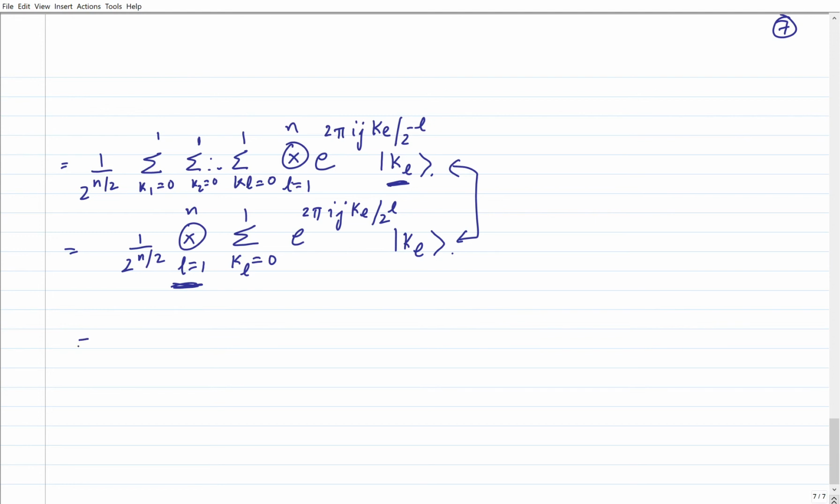This guy is nothing but what we had desired. kl, l going from 0 to 1, is either the 0 guy or the 1 guy with a phase tacked along with the 1 guy.